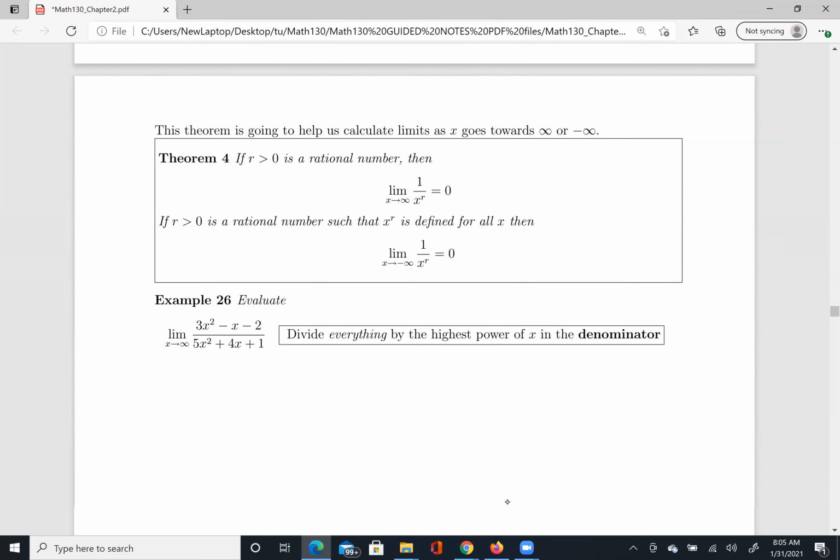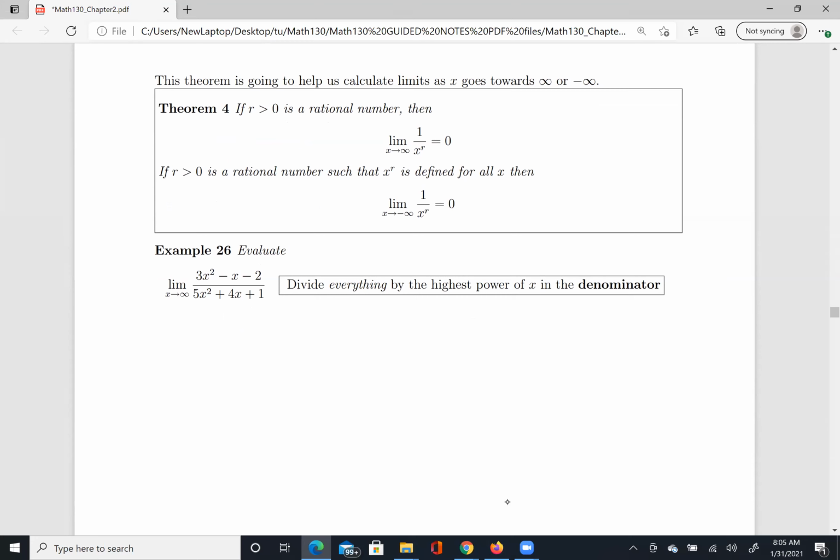Okay, from that example, I will have theorem number 4. You really need to use this and apply it for many limits as x goes to infinity later. So this theorem holds with any r greater than 0 that is a rational number, right?